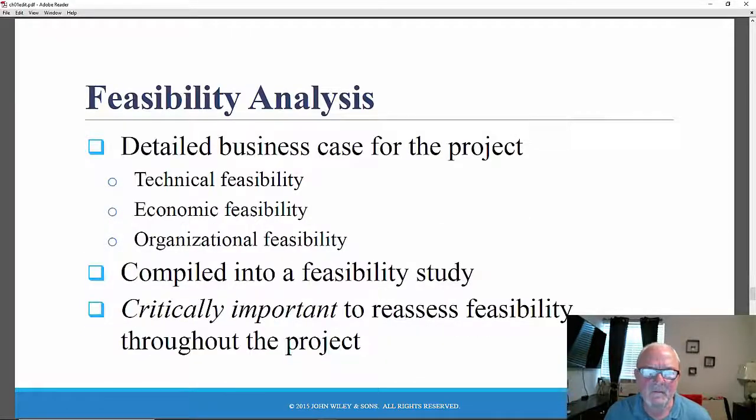Now, typically, the feasibility analysis is part of the justification to build a business case for the project. And as I mentioned, it could be technical feasibility, economic, or organizational feasibility. In my experience, this is not done that often.